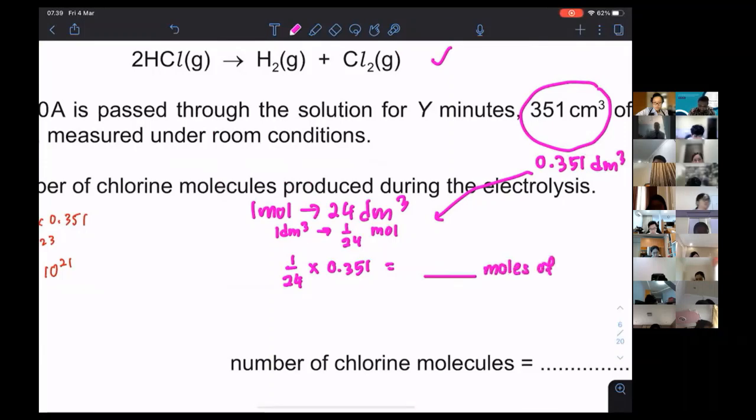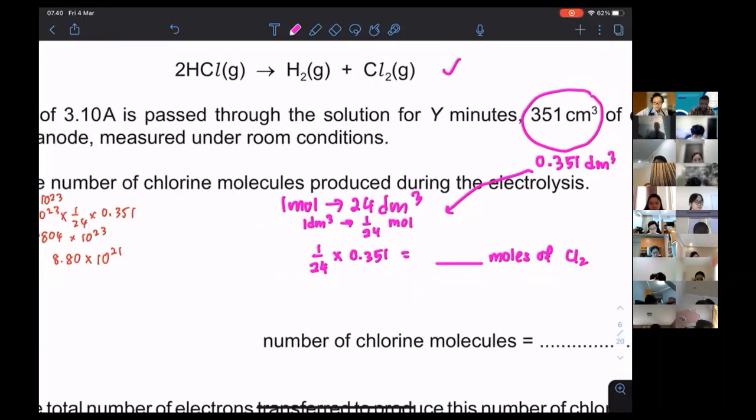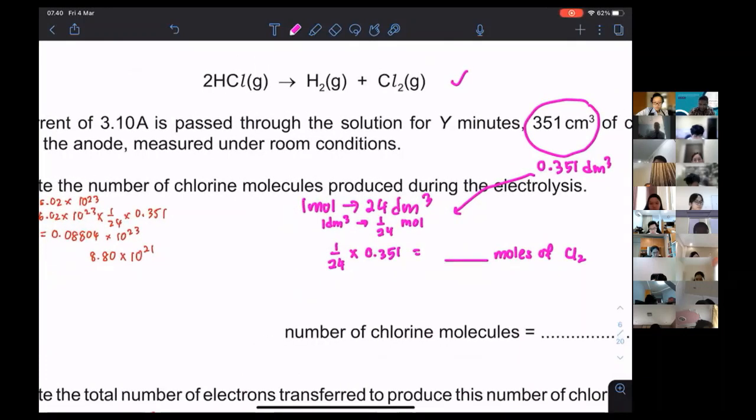So we want the number of molecules, not the number of moles, and we know that 1 mole is going to be 6.02 times 10 to the power of 23. You just need to take the value that you get and times with 6.02 times 10 to the power of 23, and you will get the value.